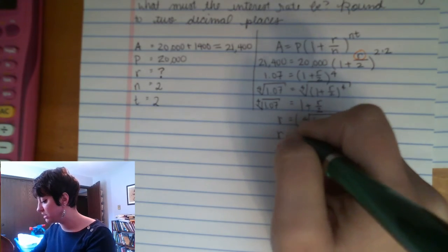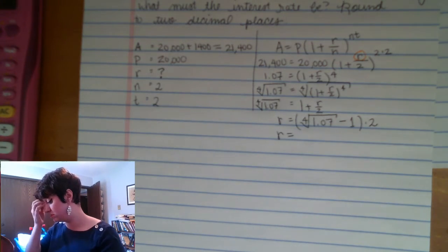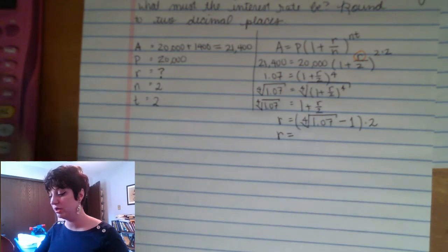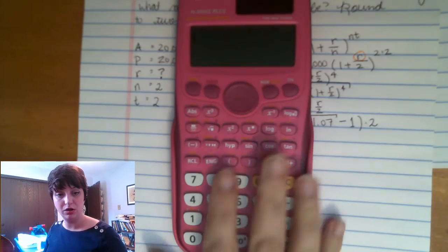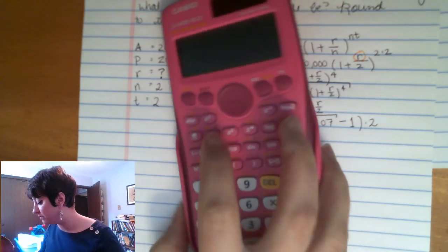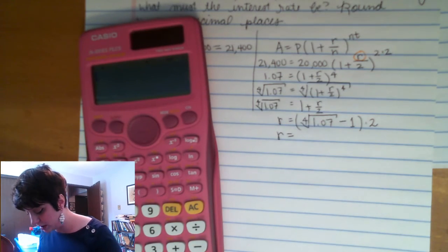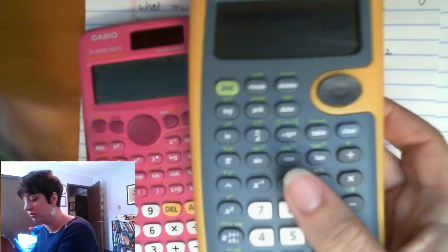When I put this in a calculator, for the 4th root, you can use your nth root key. On this one, it's the second on this key right here. I know some of you do have one that looks like this yellow one.